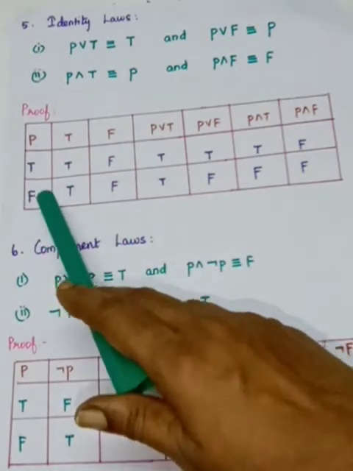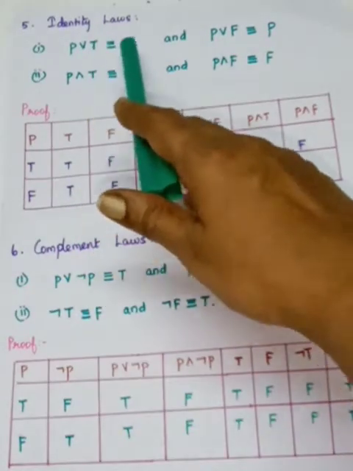If P is false, false or true is also true, because one is true.